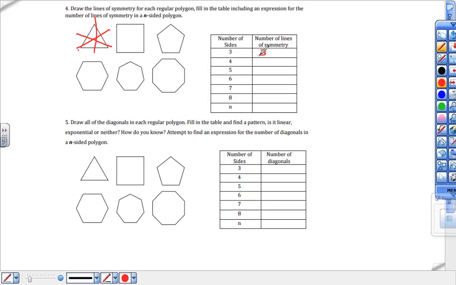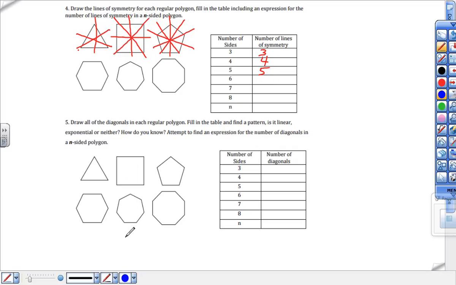Square. 1, 2, 3, and 4. Pentagon. 1, 2, 3, 4, and 5.